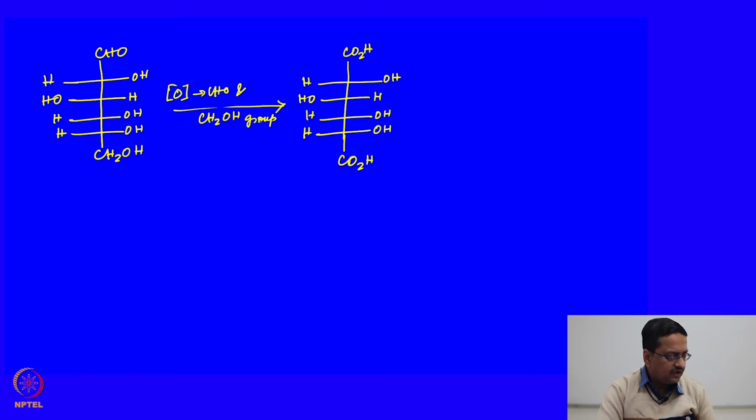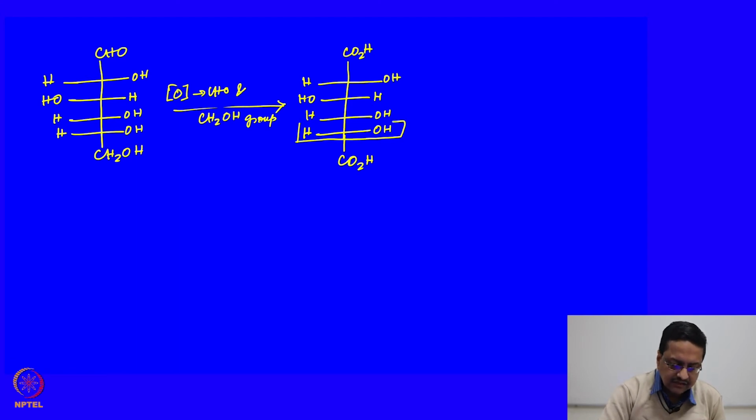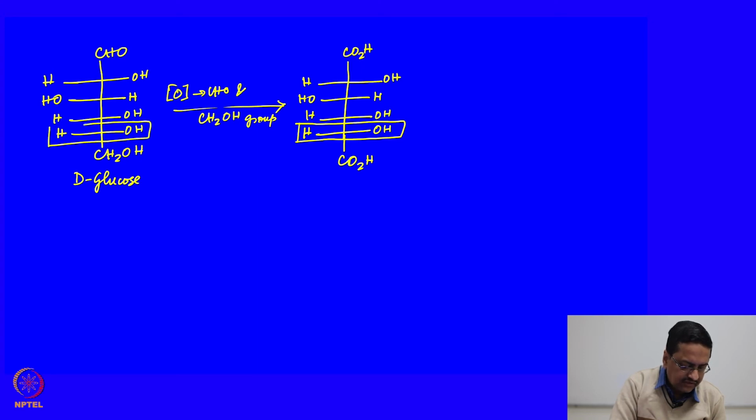Looking at this molecule, considering this chiral center, we started with D-glucose. Based on that chiral center, the name of this should be D-aldaric acid.